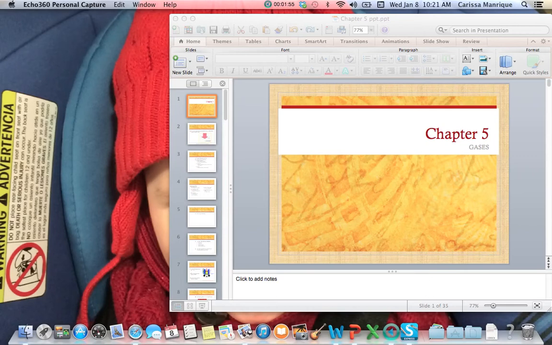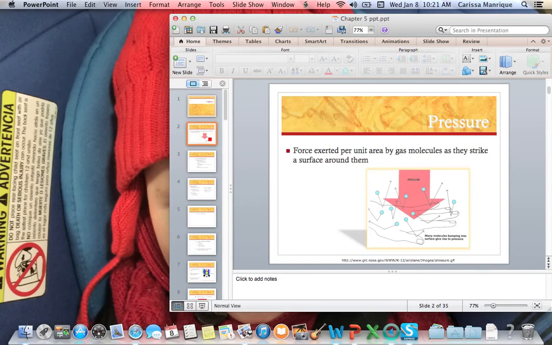Okay, so let's look a little more into it. Now we're going to put our physics cap on and look at pressure and force. Pressure is the force exerted per unit area by gas molecules as they strike a surface around them.